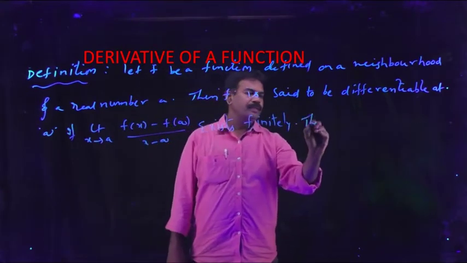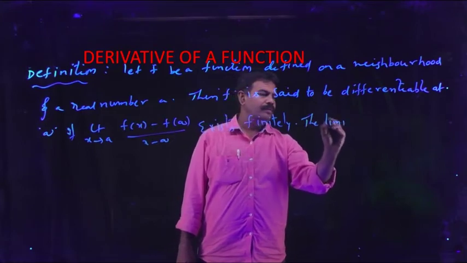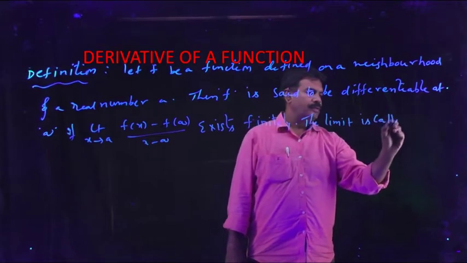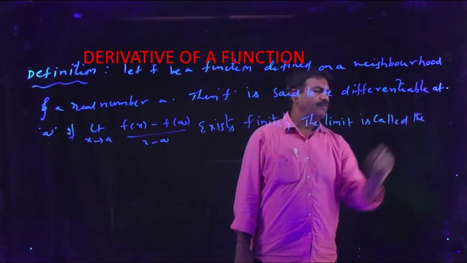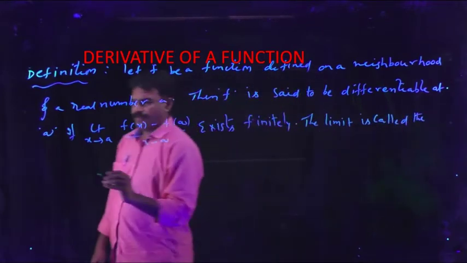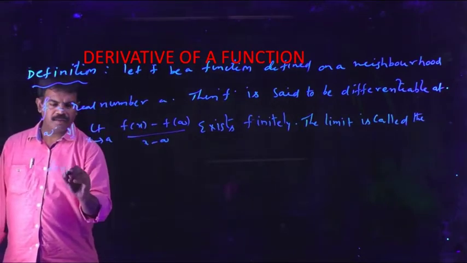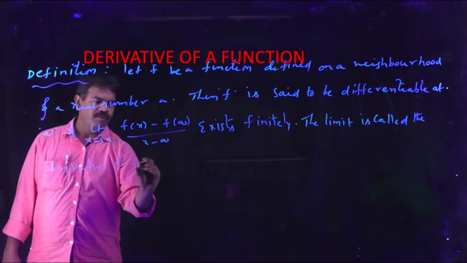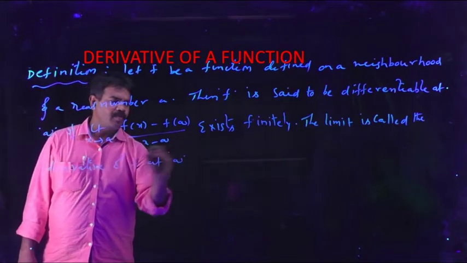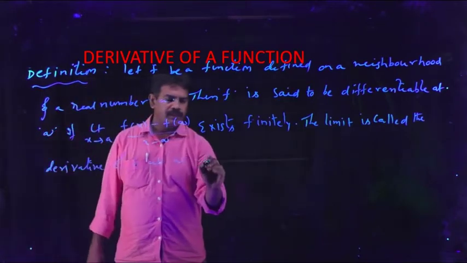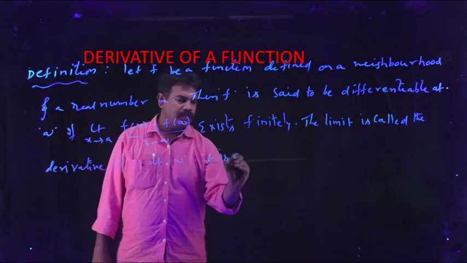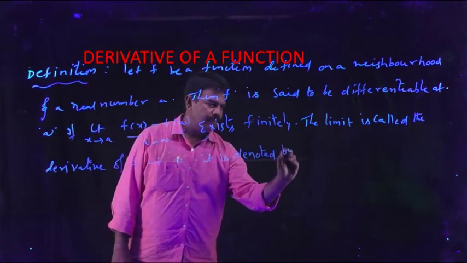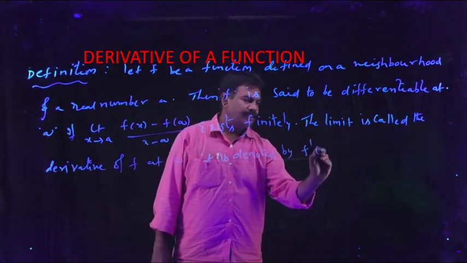The limit is called the derivative of f at a. It is denoted by f dash a.